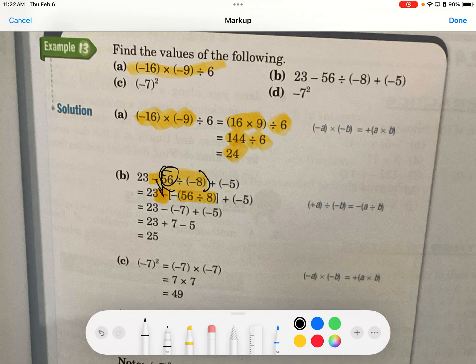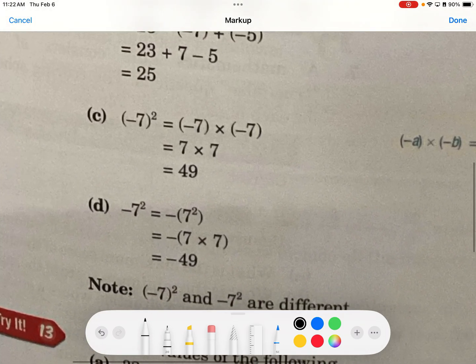So then we have 23 minus, in parentheses, the negative 56 divided by 8 plus negative 5. So we have 23 minus negative 7, which is going to turn into plus negative 5. 23 plus 7 minus 5. So that is 25. Do you see how this can be complicated if we don't slow it down and keep track of what we're doing? Giving yourself breadcrumbs and writing down your work, you can jack this up.